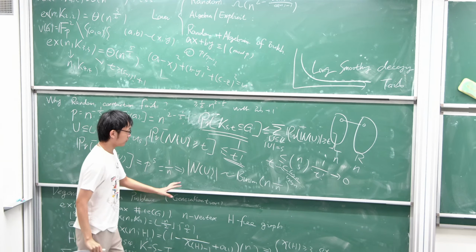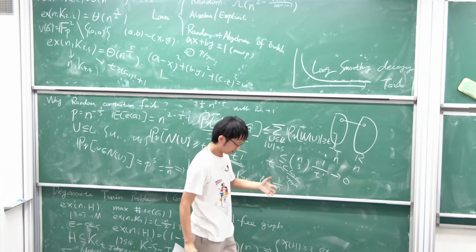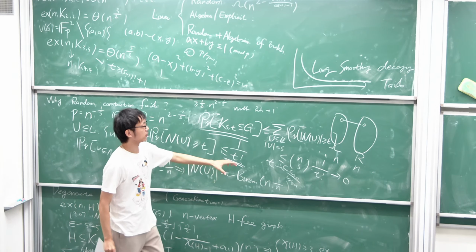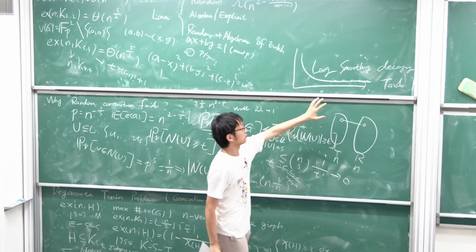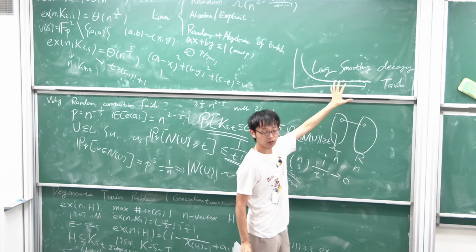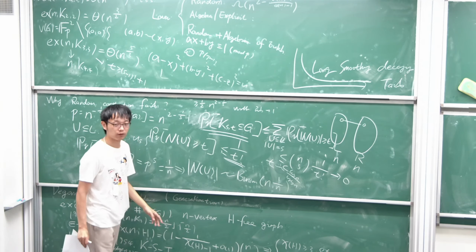So this part gives us a worse control of the probability. This distribution is smooth if you only take the random graph here.